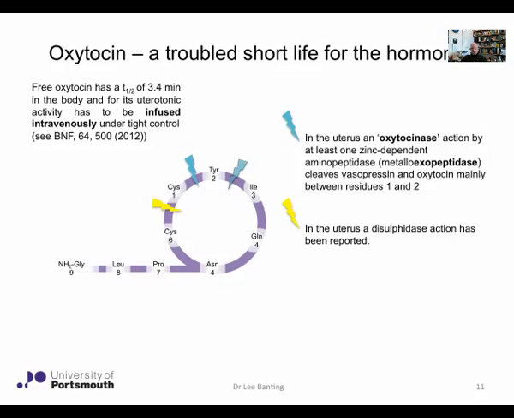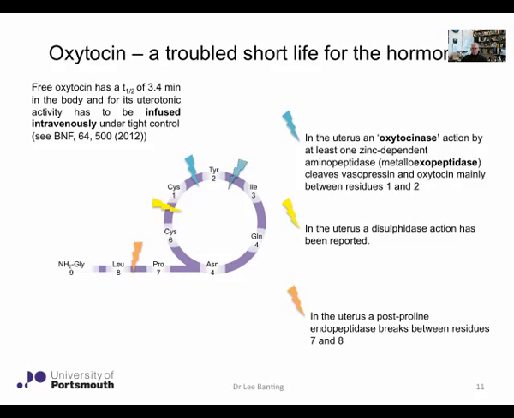Then in the uterus there's a disulfidase action that appears to be enzymatic and does cleave between the cysteine residues to reduce them to cysteines from the disulfide, and hence deactivate the hormone.